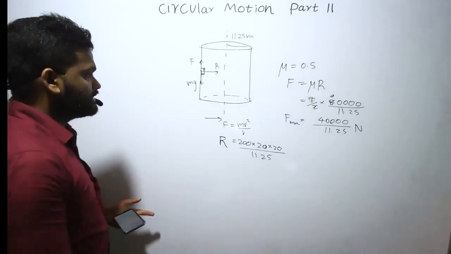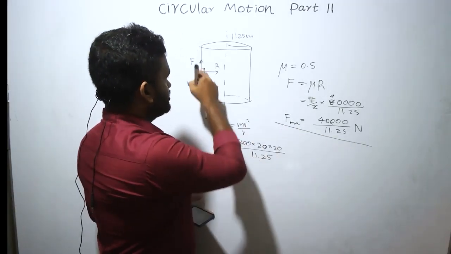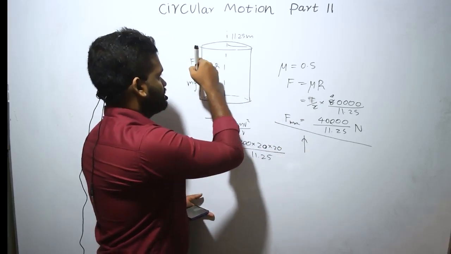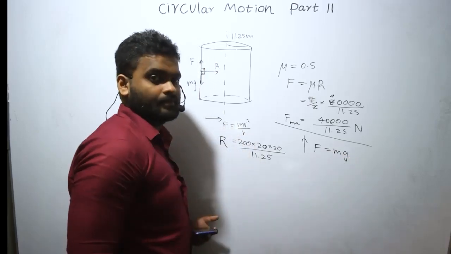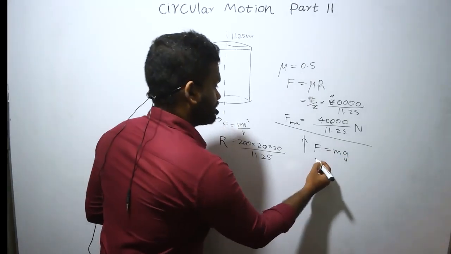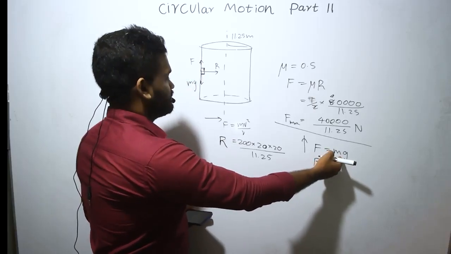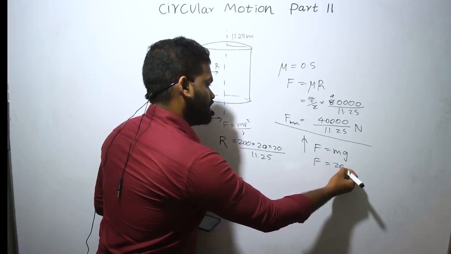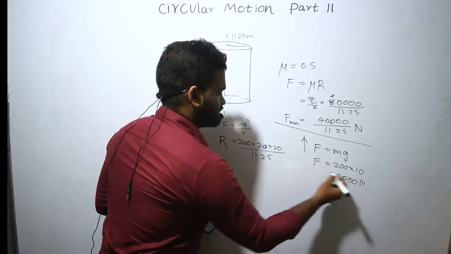But if we consider vertical equilibrium, what are the forces? Friction minus mg. So the friction is equal to mg. Okay. So let's say if friction is equal to mg, then you just have to find mg, right? So here you have mass is 200 times 10. So we have just 2000 Newton.